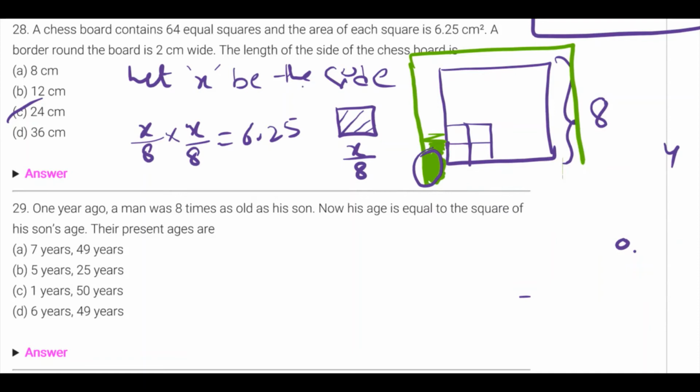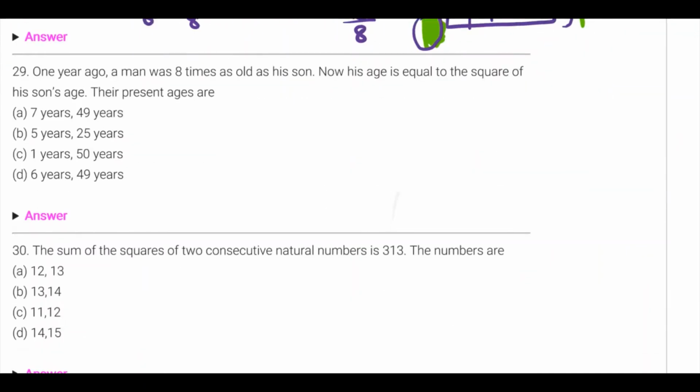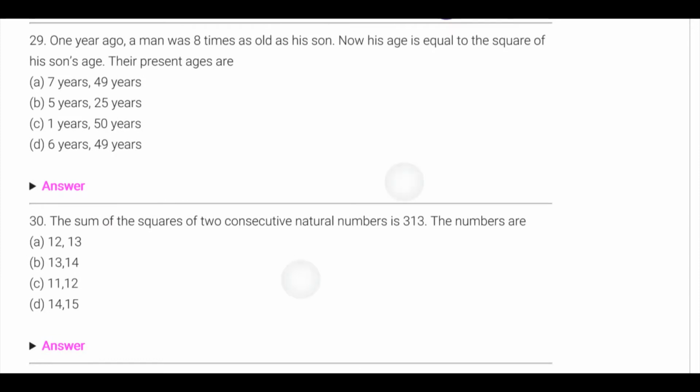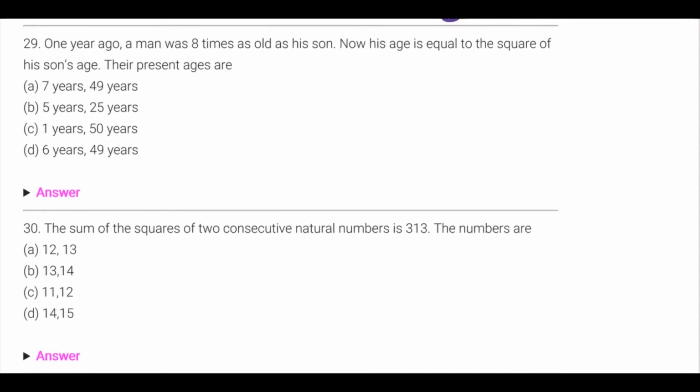Next is 29th question. 1 year ago, a man was 8 times as old as his son. Now his age is equal to the square of his son's age. The present ages are. Let us first divide the time. This is present.